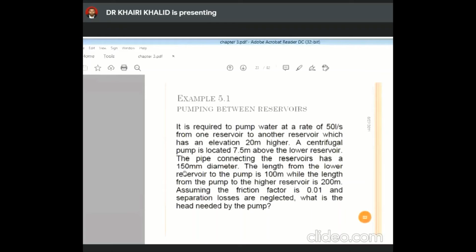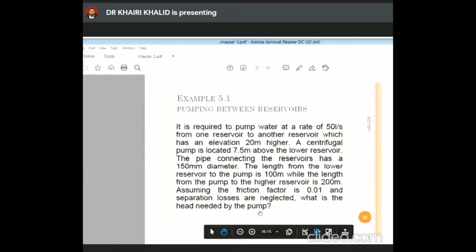The length from the lower reservoir to the pump is 100 meters, while the length from the pump to the higher reservoir is 200 meters. Assuming the friction factor is 0.01 and separation losses are neglected, what is the head needed by the pump?